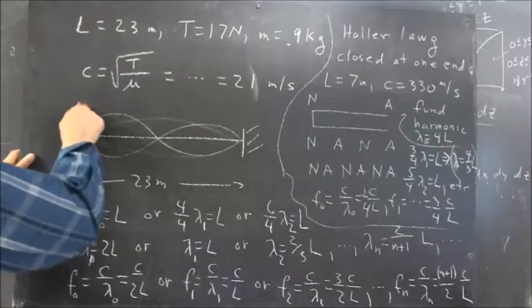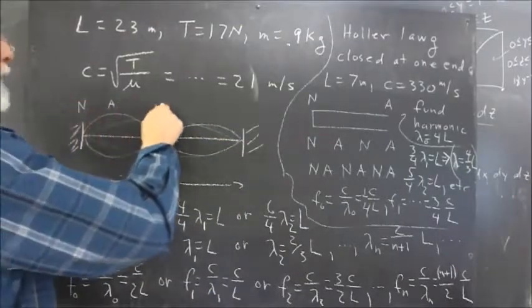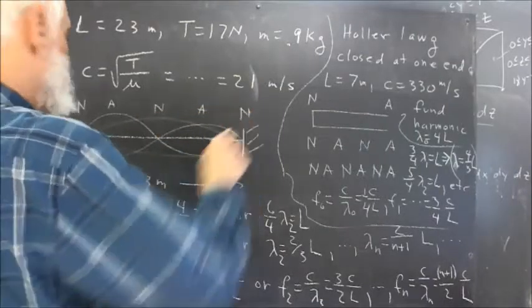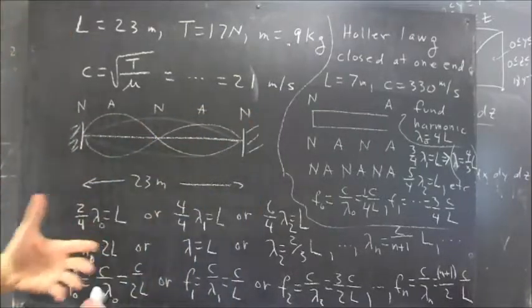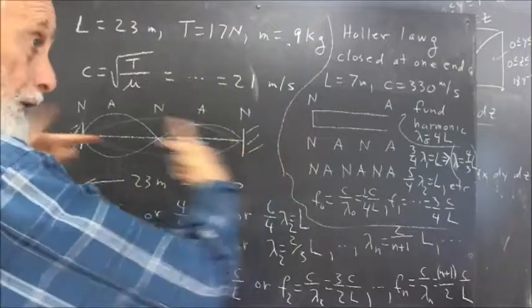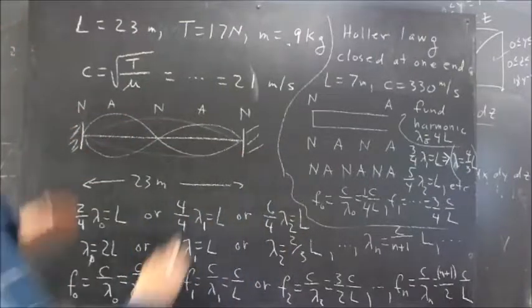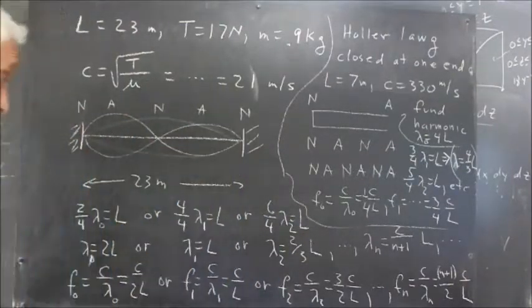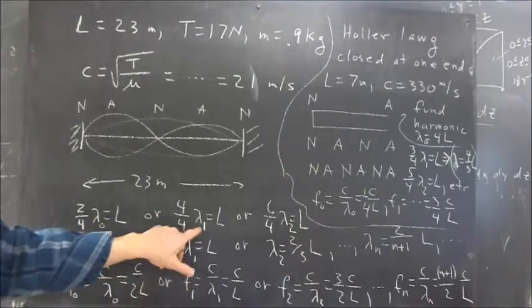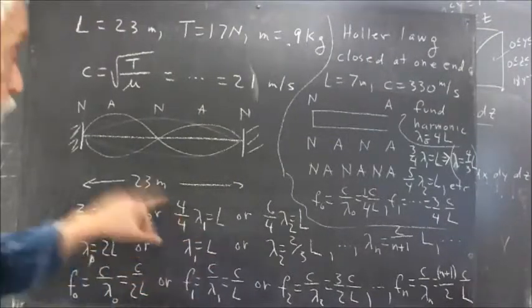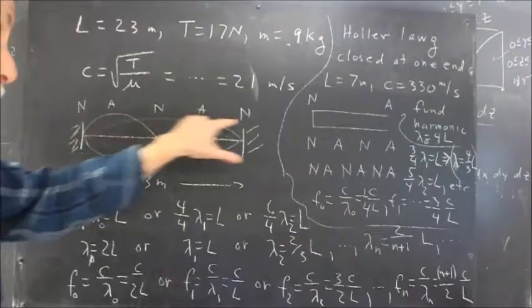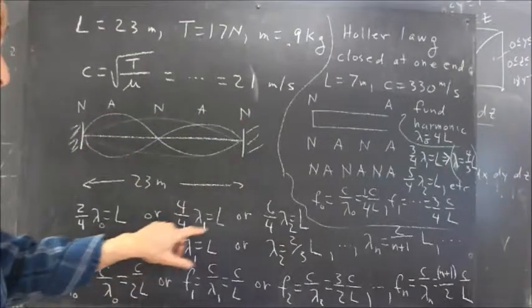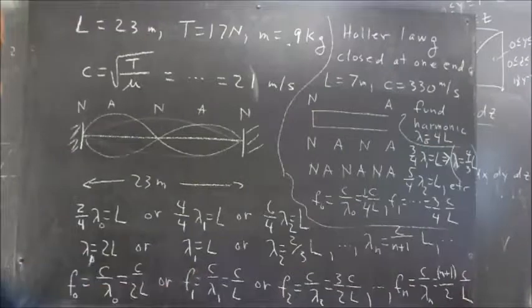That corresponds to node, antinode, node, antinode, node. And that is a behavior that comes out of the picture that we get from reflecting waves, if the length is just right, okay? So we get lambda 1 would equal L, because there are 4 quarter wavelengths there. 1, 2, 3, 4. 4 quarter wavelengths equals L, so lambda 1 equals L.